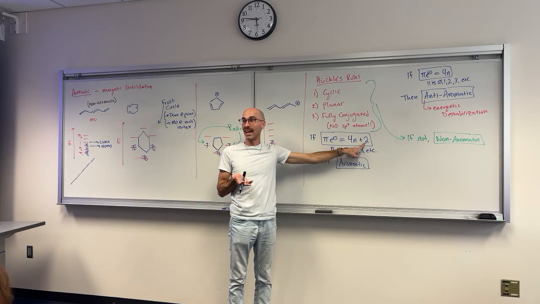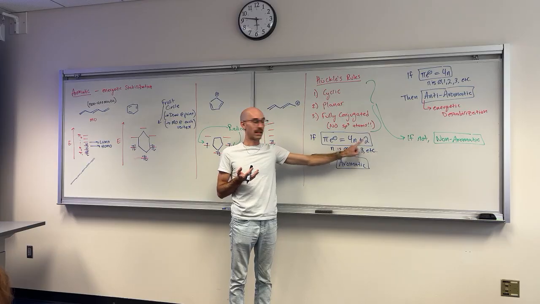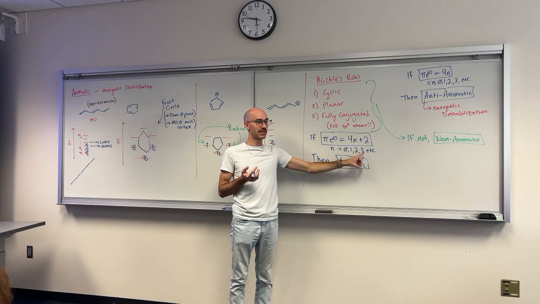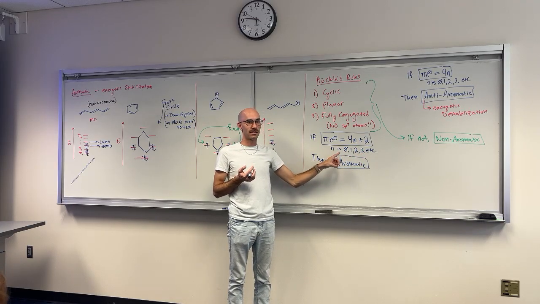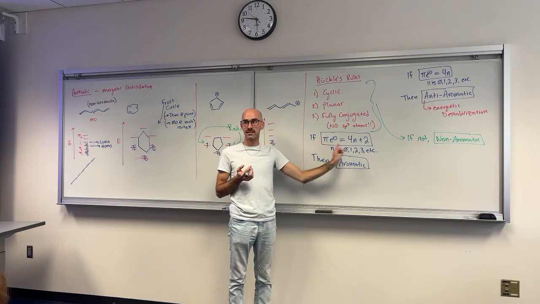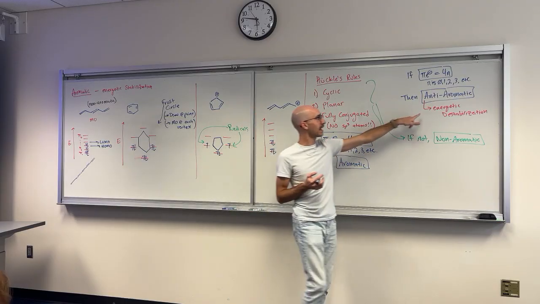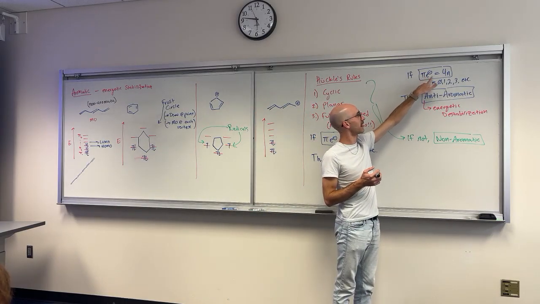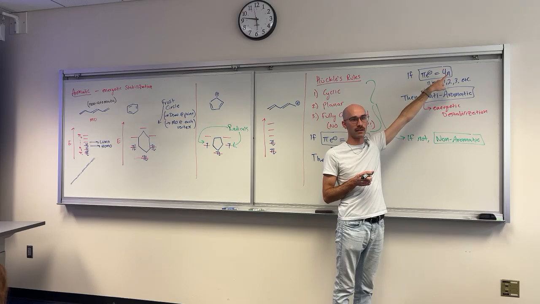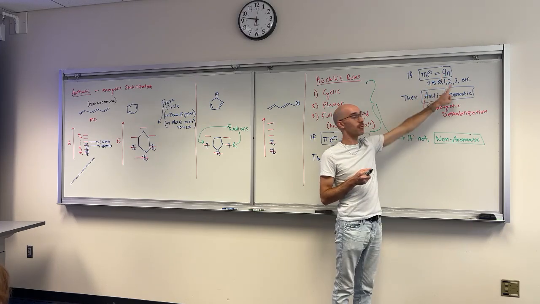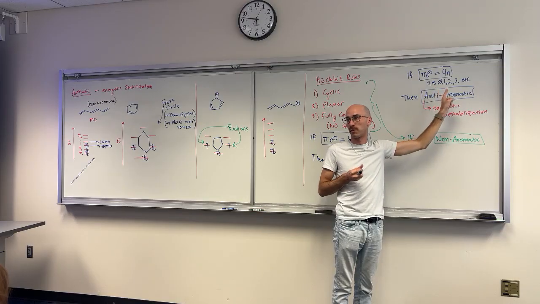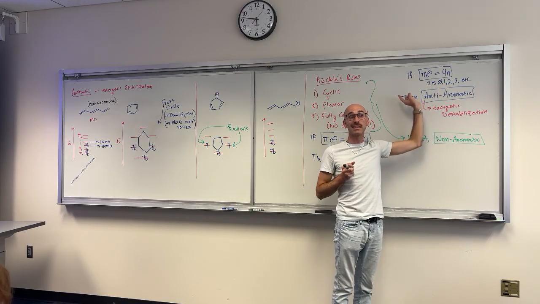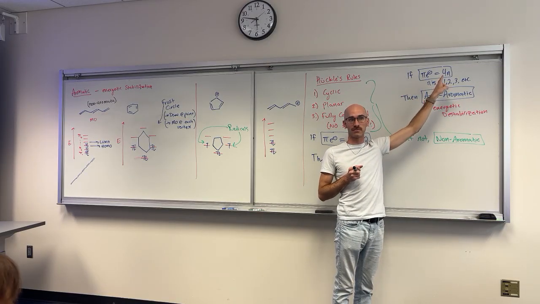So when n equals 1, and that's one of its allowed numbers, then this equation is satisfied. Can I plug in 6 pi electrons and have it equal 4n? I'd have to multiply by 1.5, and that's not one of my allowed options. It has to be a whole number, which means that benzene can't satisfy this equation. Do you guys see that?